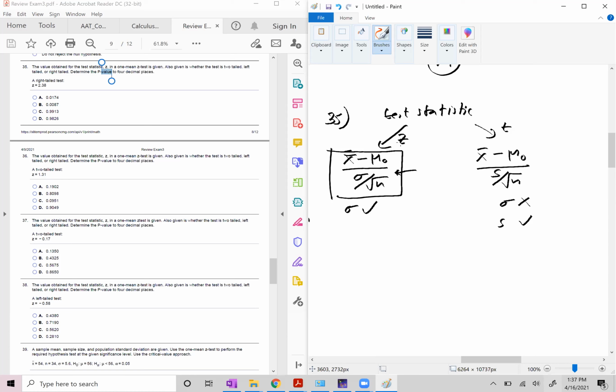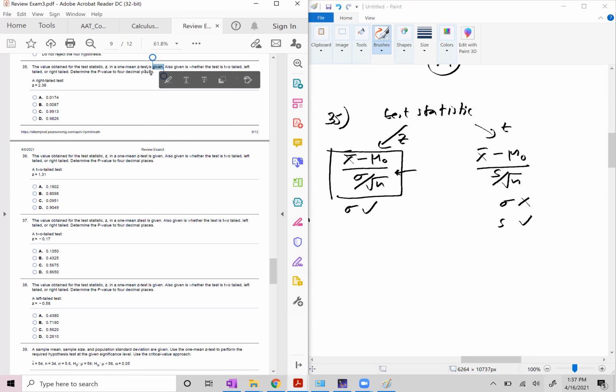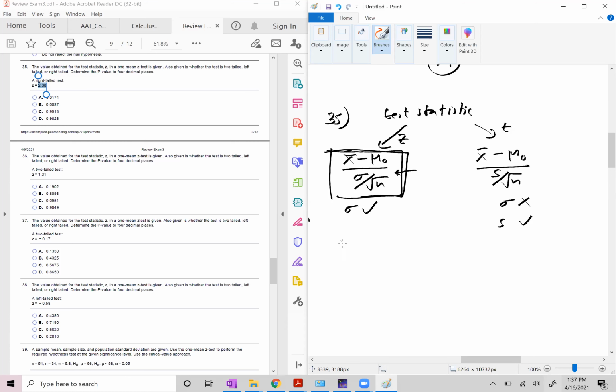But to answer these few questions, you don't need it because they are giving you the answer. You see, one mean z test, the z test statistic is given. That means this z value is given. You do all of these, you get the answer as 2.38 for this particular first question. That's what they're saying, right? Instead of asking you to calculate it, they have given it straightforwardly.